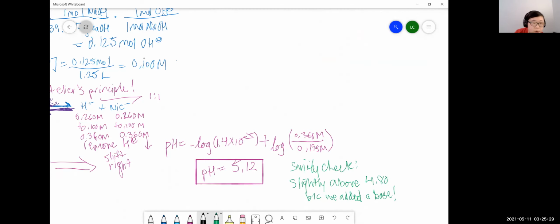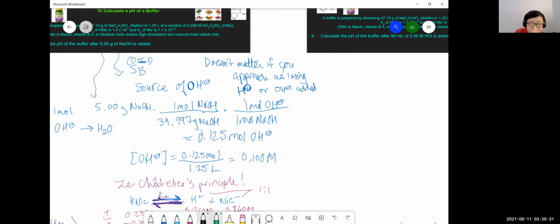If you actually calculated this, you could find pOH by doing negative log of 0.100 molar, and then 14 minus that number.